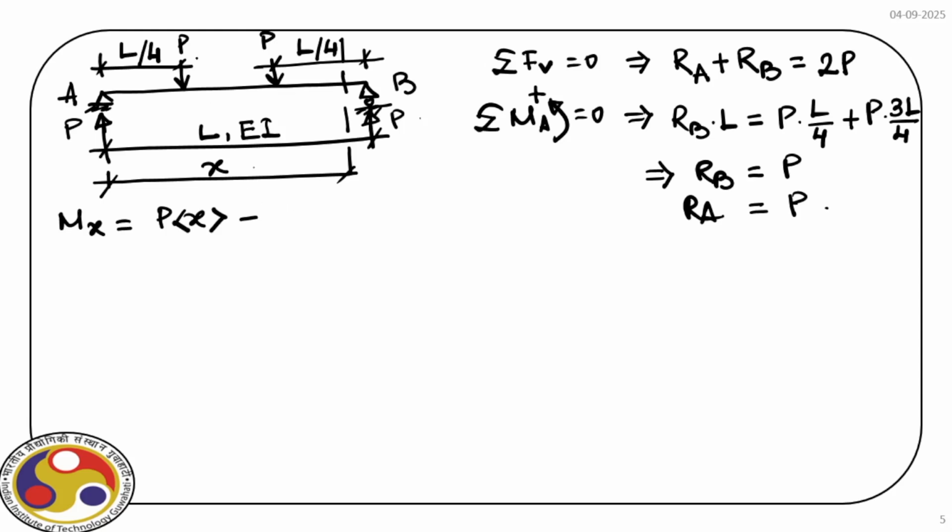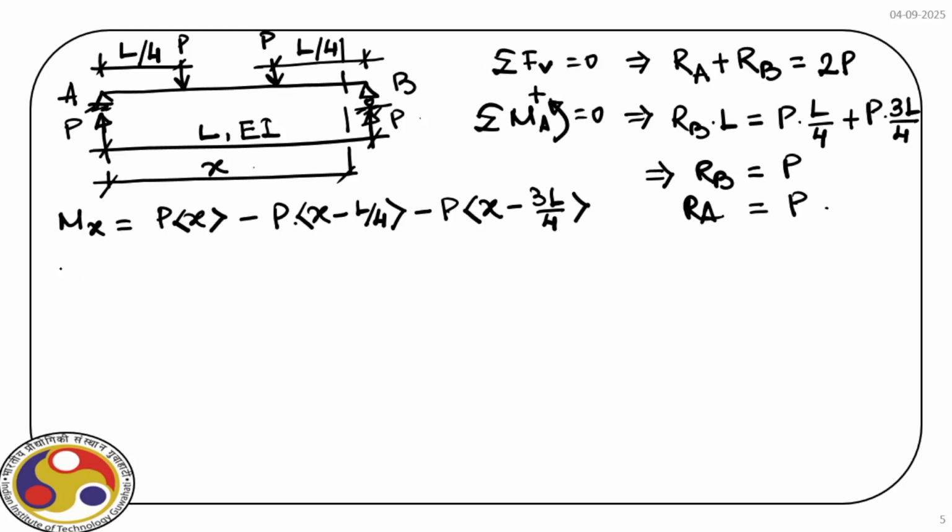Minus, we have this load, first load P times X minus L by 4 within Macaulay's bracket, minus P times X minus 3L by 4 within Macaulay's bracket.